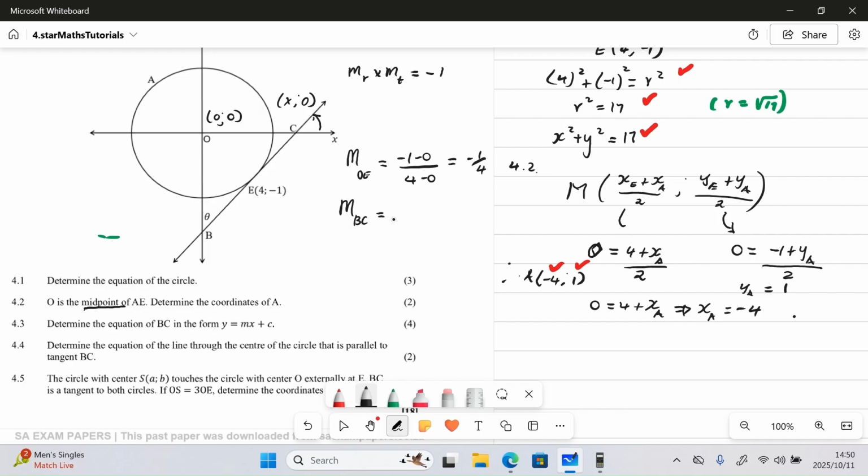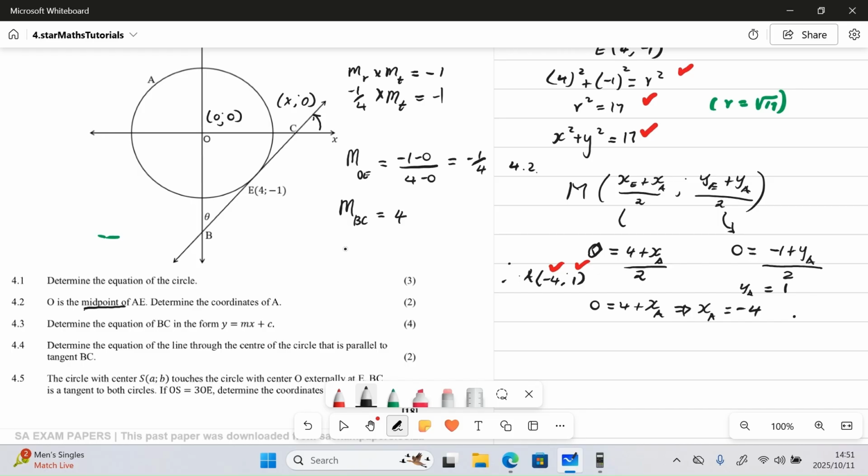Because the two are perpendicular, if this one is -1 over 4, the other one will be 4. Meaning -1 over 4 times the unknown gradient equals -1. Then we divide both sides by -1 over 4, we get 4. That is the negative reciprocal of negative 1 over 4.